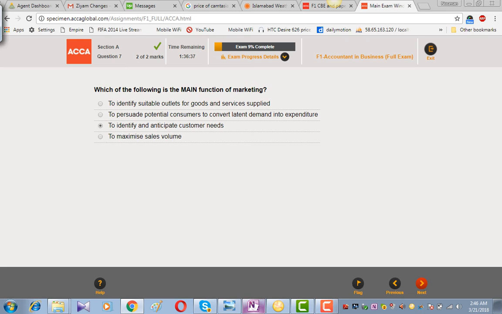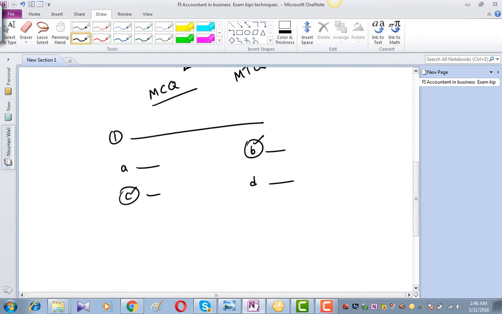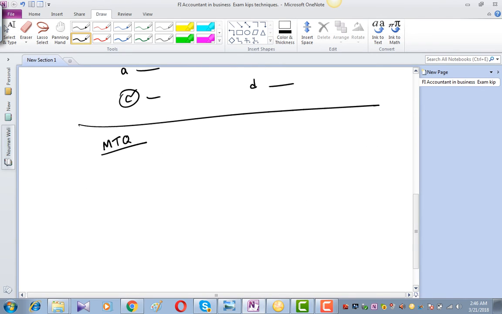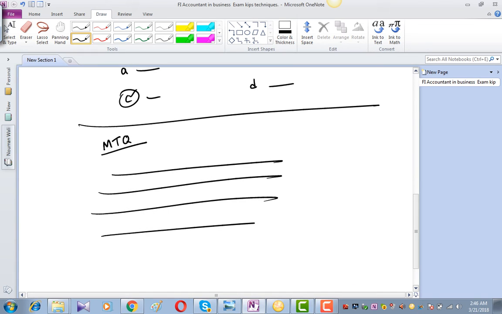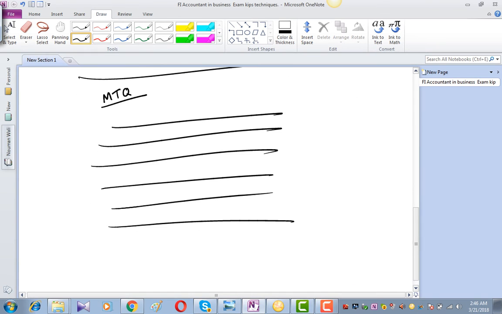Now we will move to MTQs. So the second section is MTQs. These are multiple task questions. One or more than one scenarios are given in this section. Let's suppose there is a scenario, lines are given, you have to read all the lines.